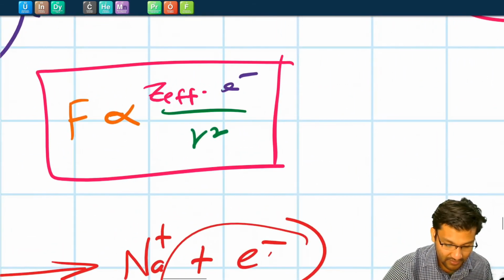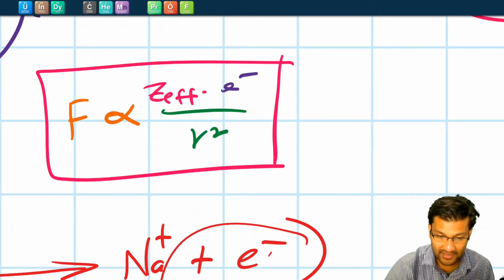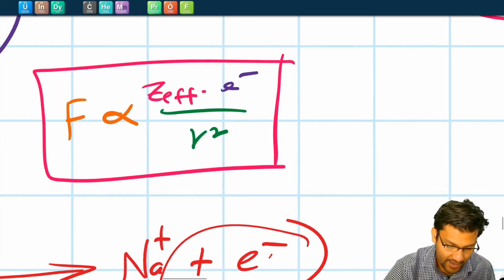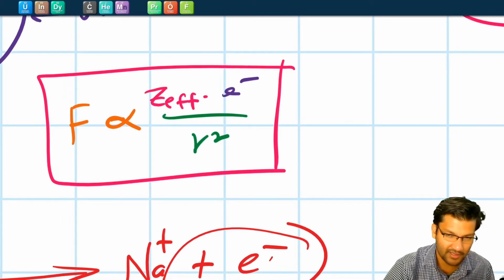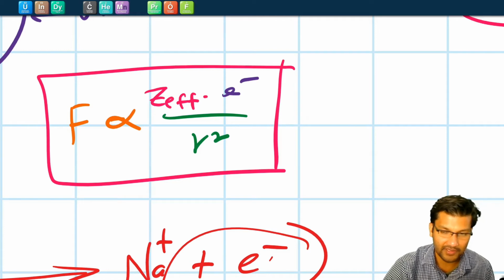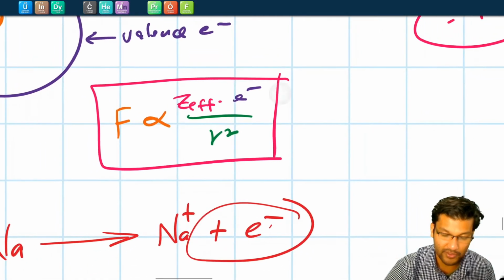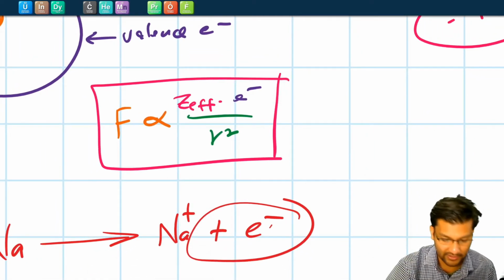The stronger the force now, the easier it is to attract an electron to yourself, right? Because you're pulling on the electrons more strongly. Usually for attracting things, force, as I mentioned, was negative. So also the electron affinity will be negative typically when we attract electrons.